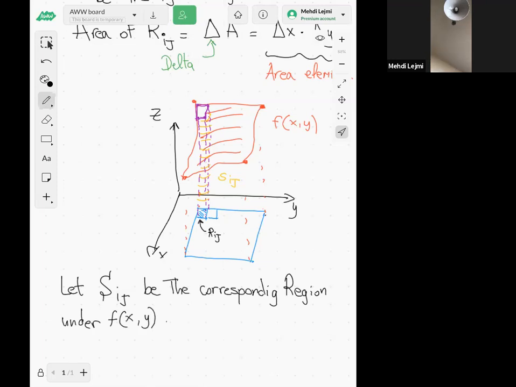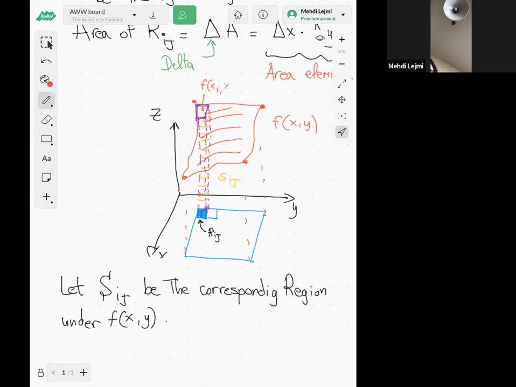Now we can approximate the volume of Sij by the area of your rectangle Rij times the height, given by some point here, f of xi yj.